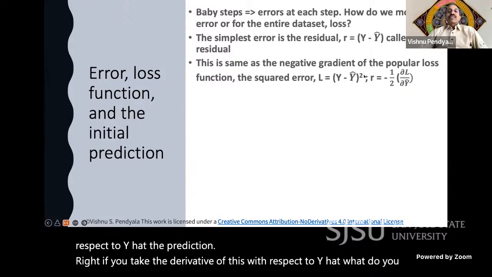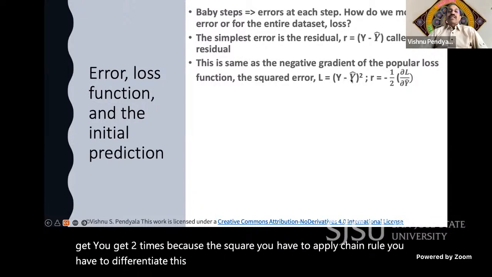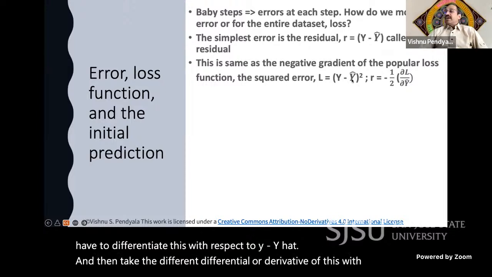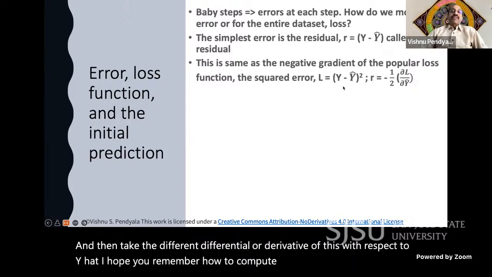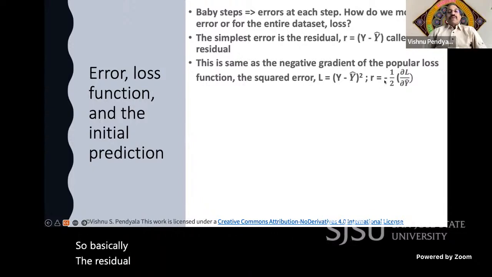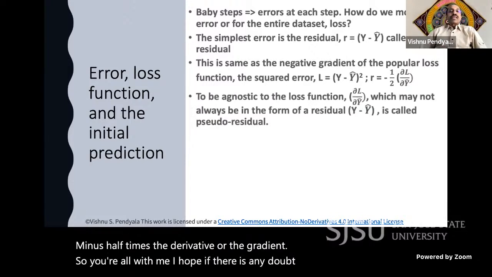You get 2 times, because of the square, you have to apply the chain rule. You have to differentiate this with respect to y minus y hat, and then take the derivative of this with respect to y hat. I hope you remember how to compute the derivative, right? So when you do that, you get 2 times this residual. So basically, the residual is minus half times the derivative or the gradient, right? So you're all with me, I hope. If there is any doubt, please stop me.